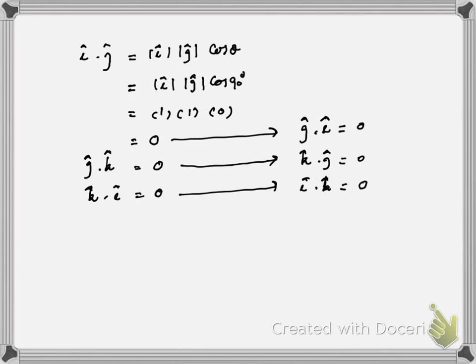Now if vector A is equal to A1, A2, A3, and vector B is equal to B1, B2, B3.